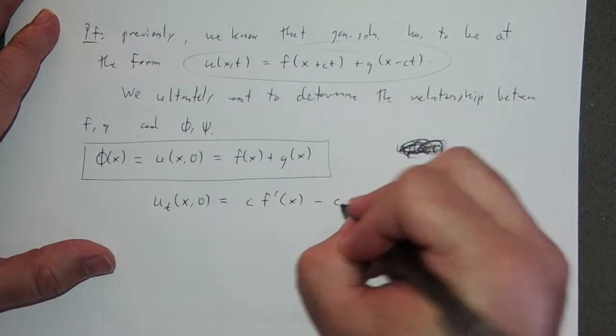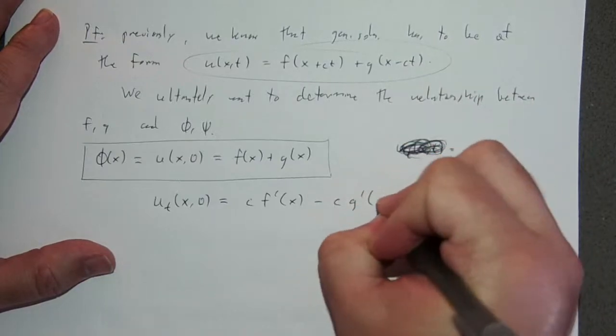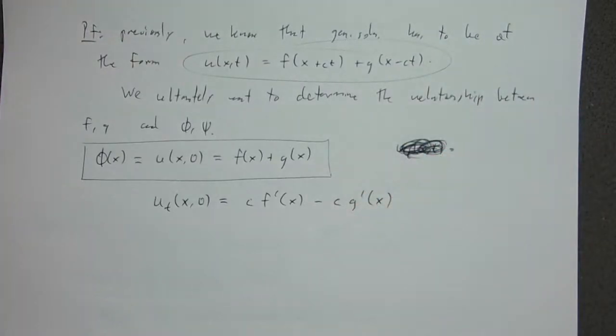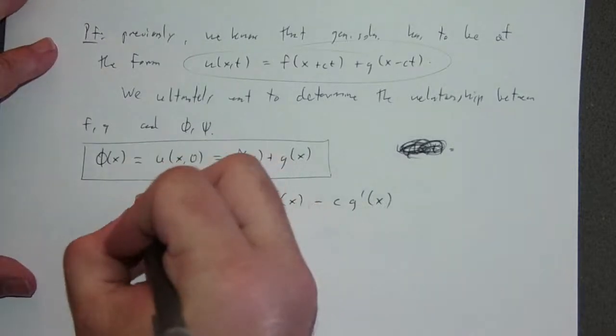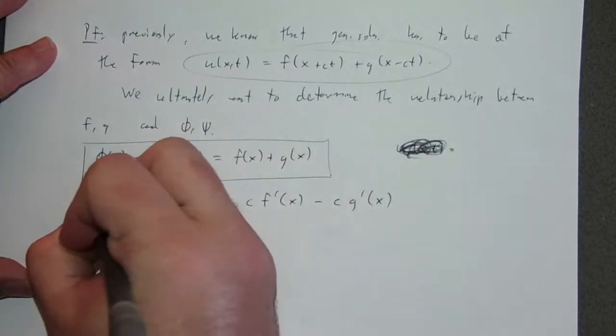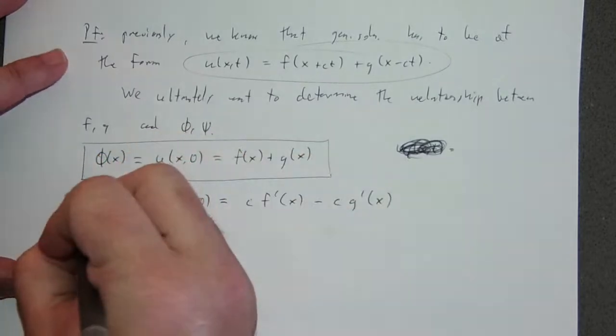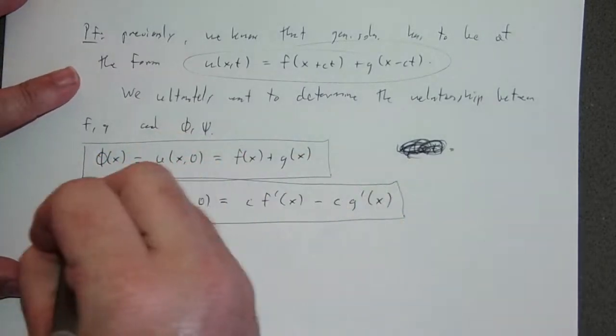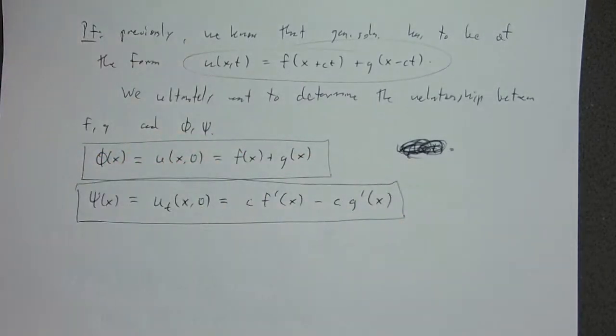So this would be minus c g prime of x. And that is my c. So you get two relations here between phi and c and f and g.